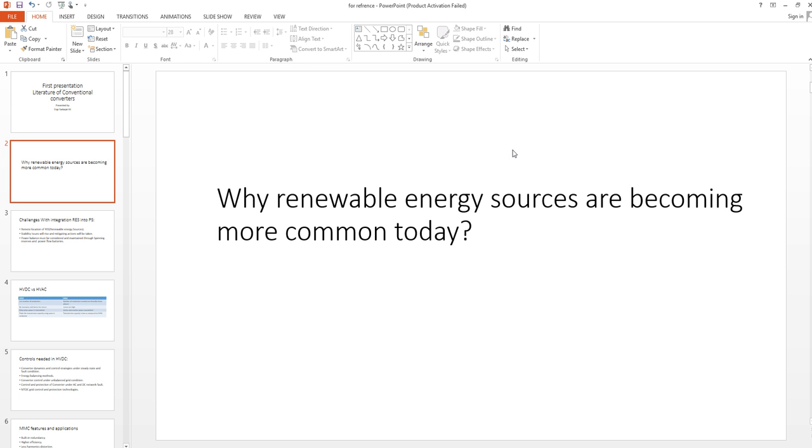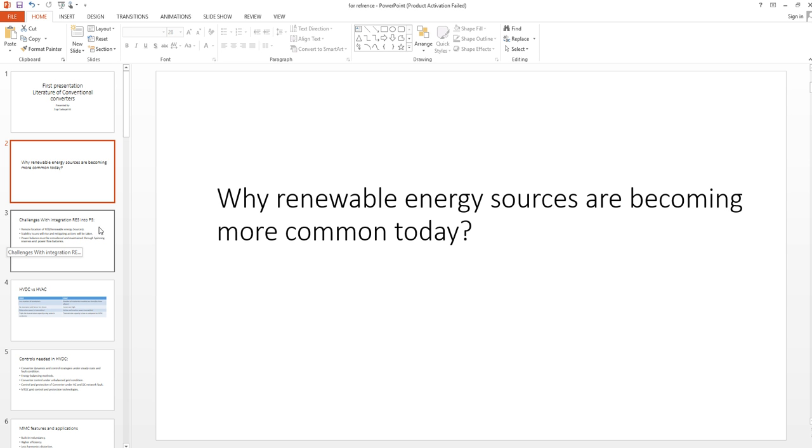But as we know, most of the windy areas are very far away from the residential area. On the offshore side, the wind speed is very high, so we can generate power over there, but we need to transmit that power from offshore to onshore.